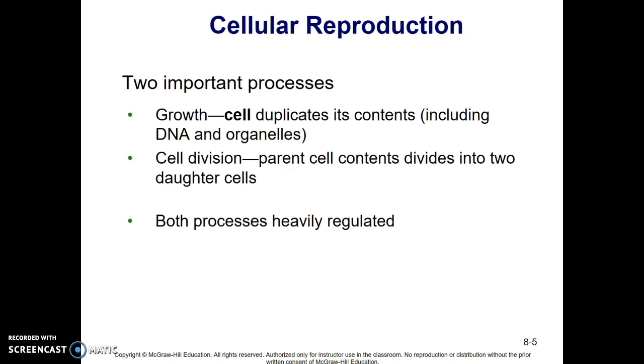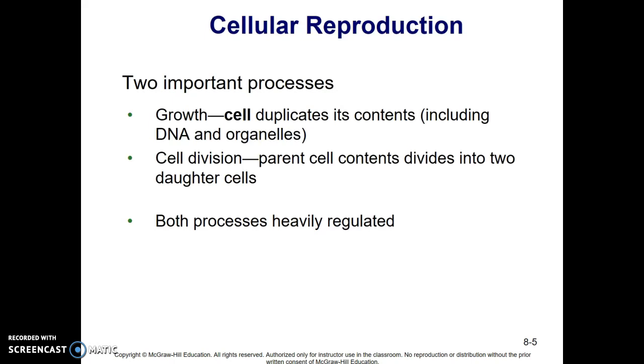So when we break down this process of cellular reproduction, there's kind of two parts of the life of a cell, and we call that the cell cycle. The first part is the cell grows. It gets a little bigger, okay? And as those cells get a little bigger, we're going to duplicate everything inside. The DNA needs to be duplicated.